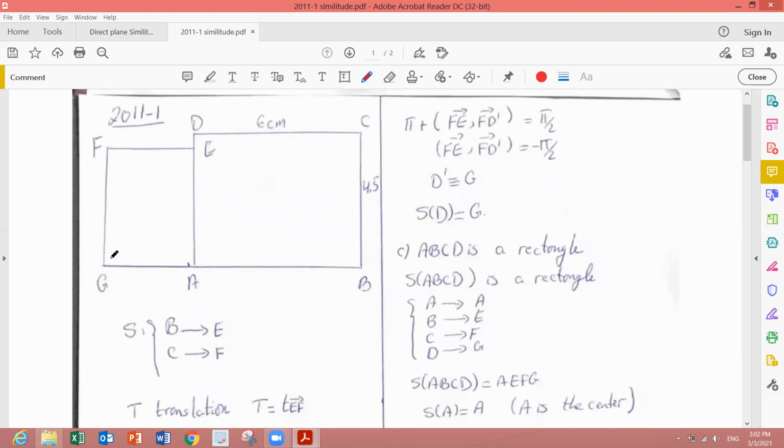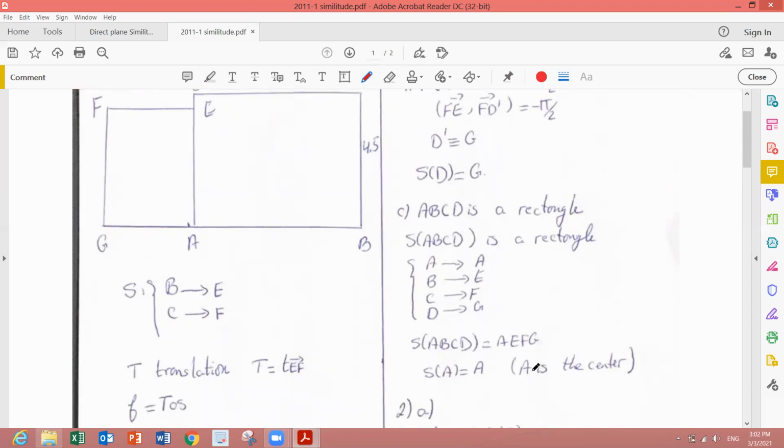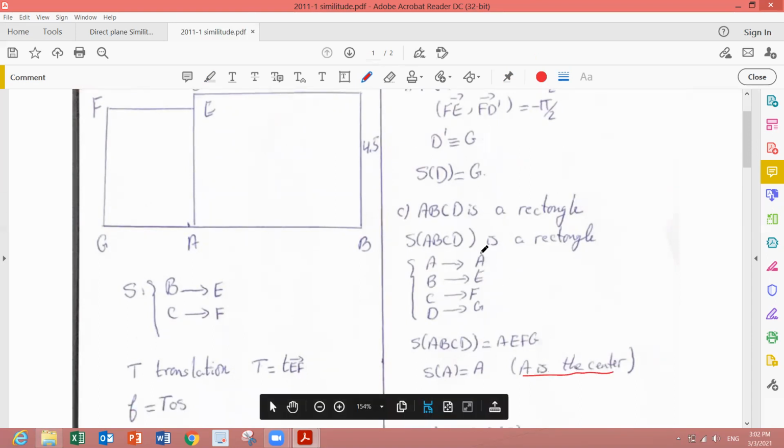AEFG. So S of A equals A, so A is the center, because the image of the rectangle includes A. This is one method. What is the other method?